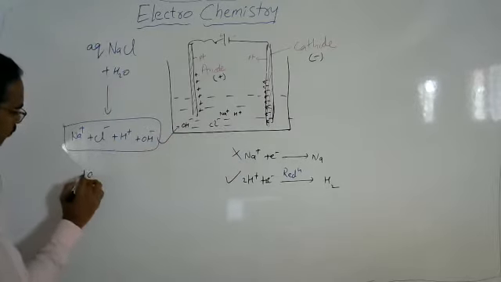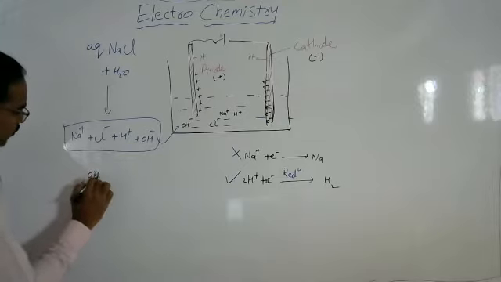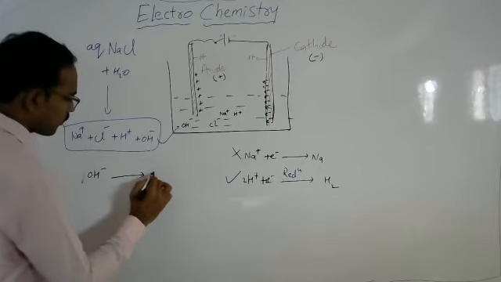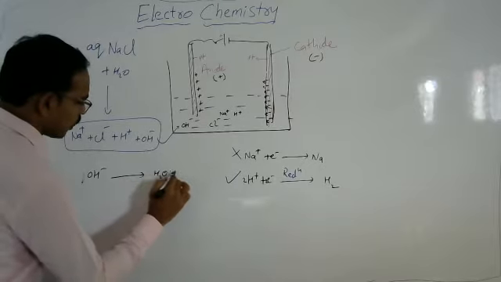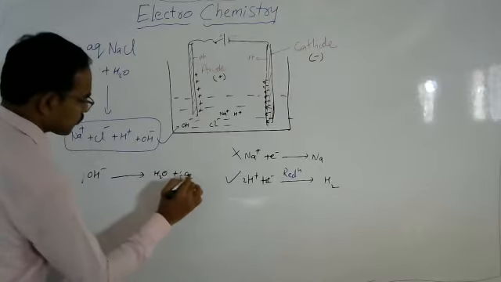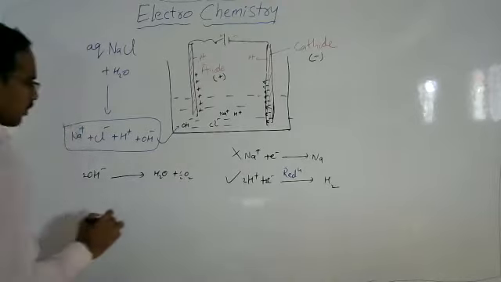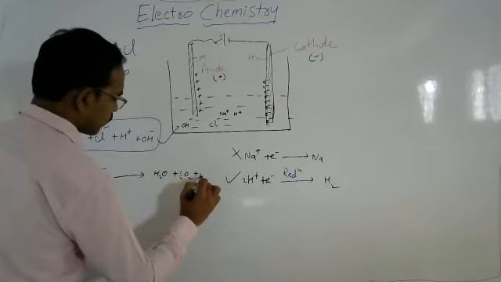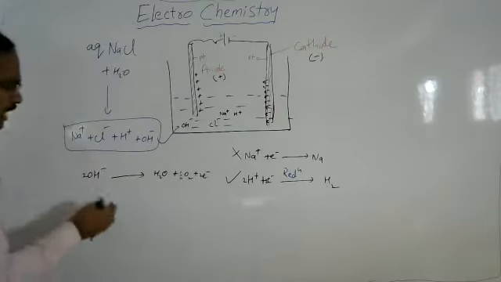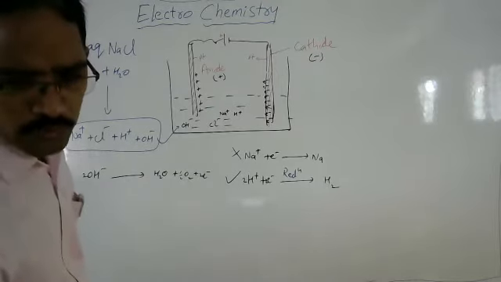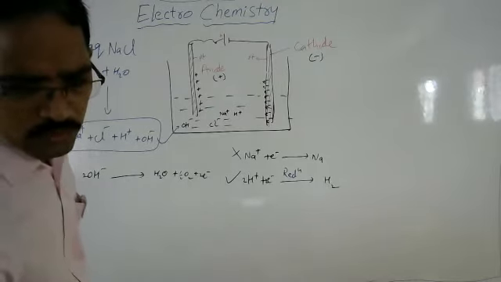OH- loses an electron, forming H2O and half O2. If I take 2 OH- losing 2 electrons, you can take 4 OH- giving water and oxygen.